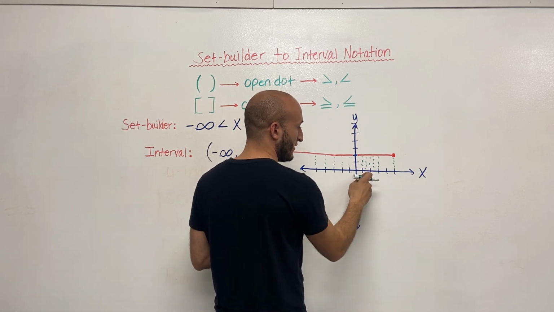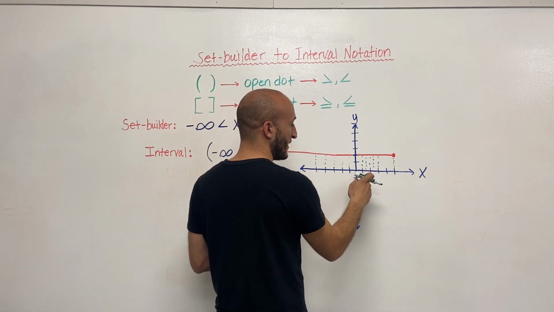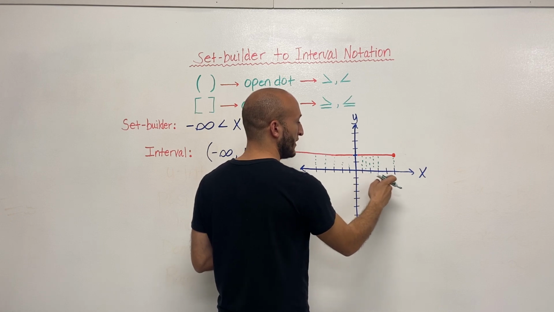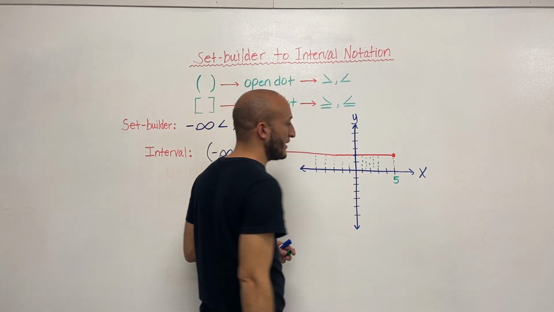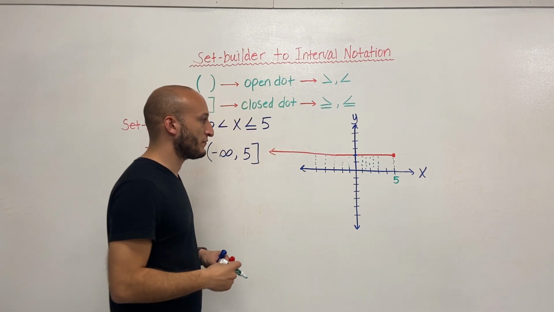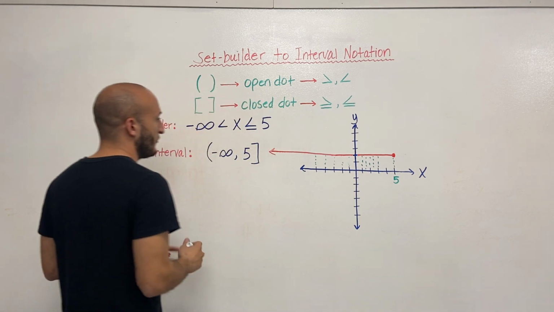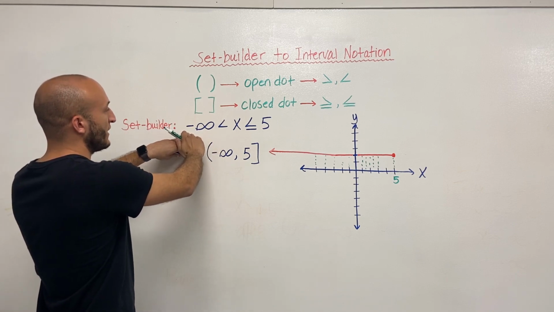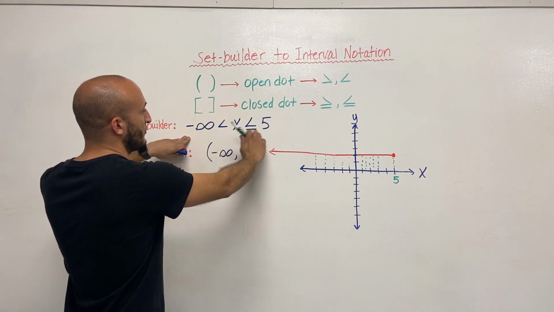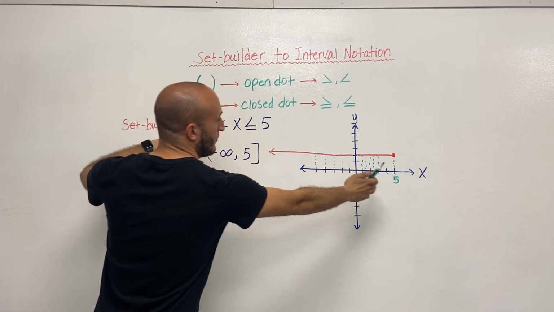If we count here, this is to the right, so there'd be positive 1, 2, 3, 4, and 5. So this would be positive 5 for my x. Therefore, in set builder notation, it's written negative infinity to positive 5.